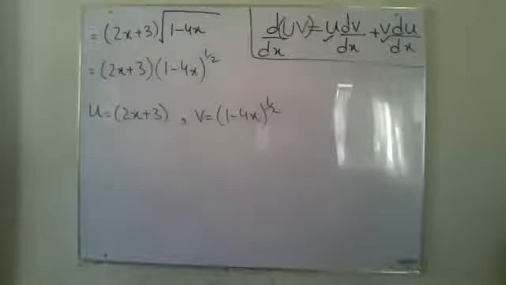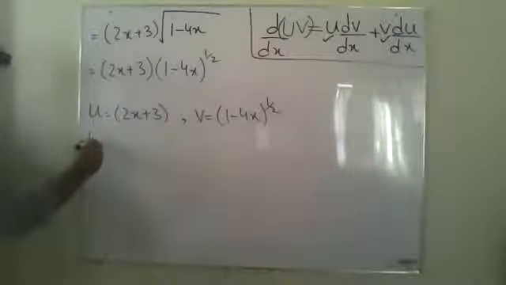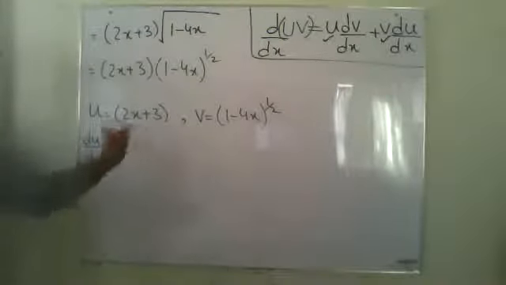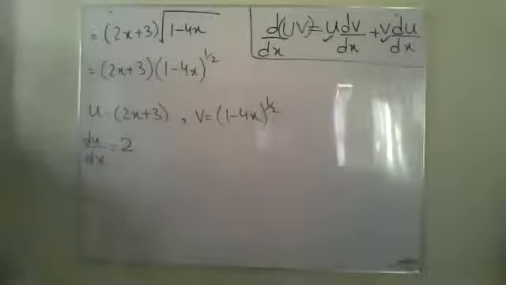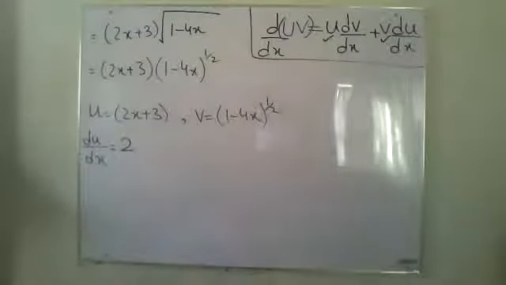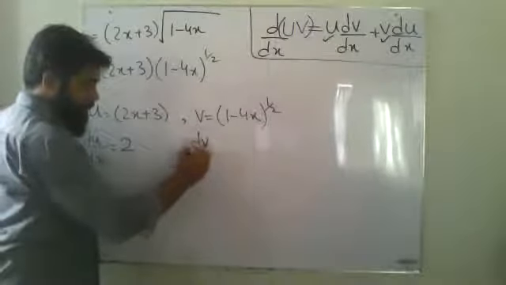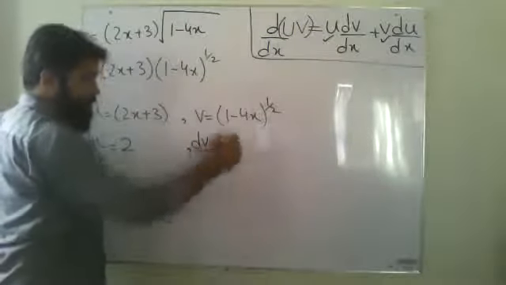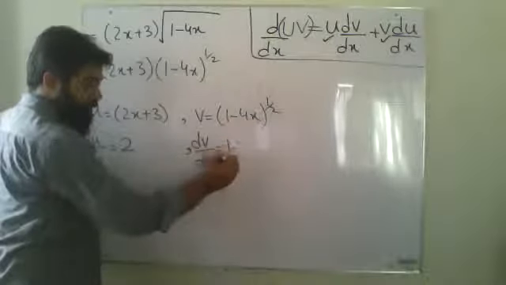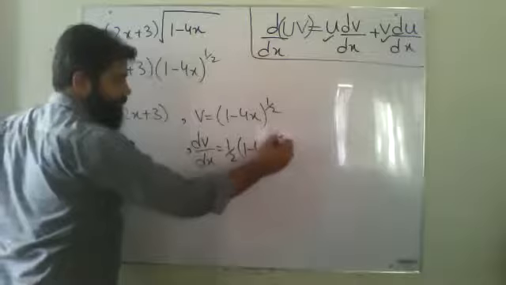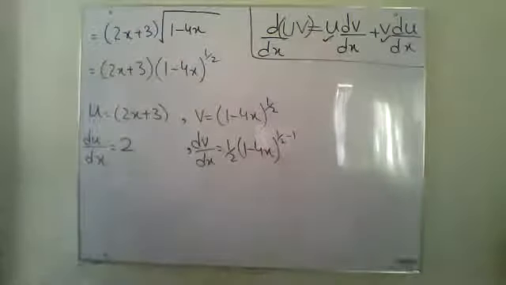So first of all, I am differentiating u with respect to x. No whole power is given, so I will just simplify the inner bracket and that will become 2. When I differentiate dv over dx, first of all there is a whole power, so the whole power will be written before the bracket and the power will be reduced by 1.